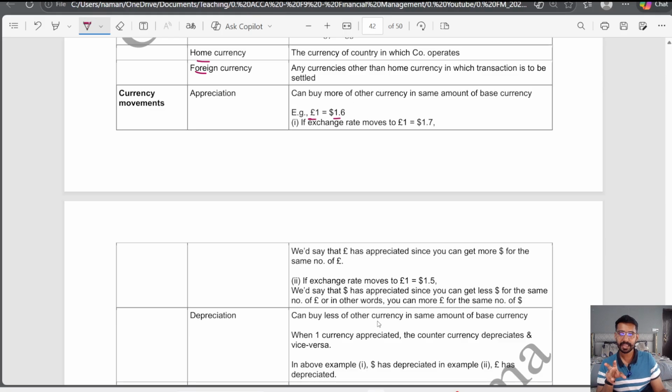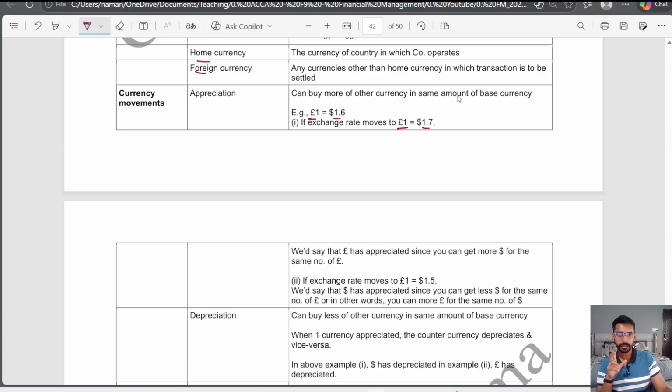If, let's say, the exchange rate changes and for £1 now you can buy $1.7, in that case, you can buy more dollars with the same amount of pound. Therefore you will say that the pound has appreciated. But at the same time, the counter currency, the other currency, has depreciated.